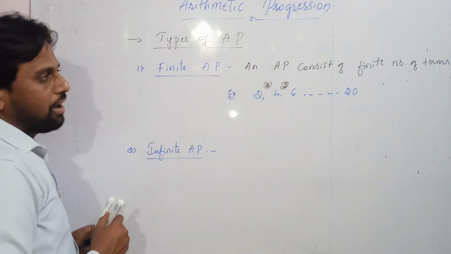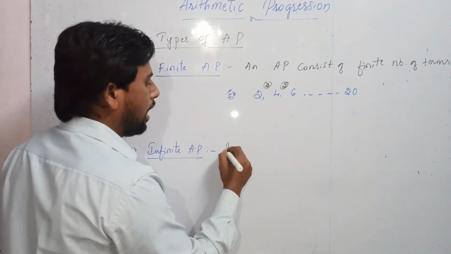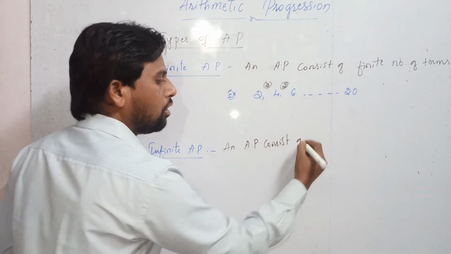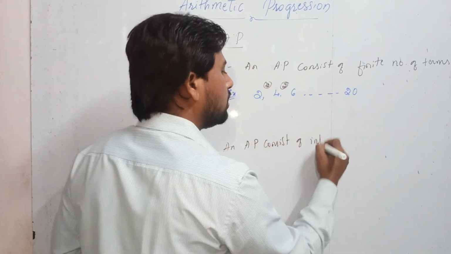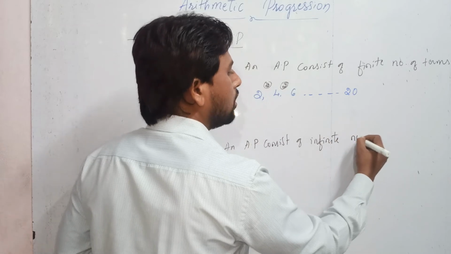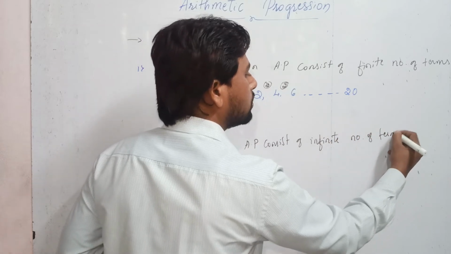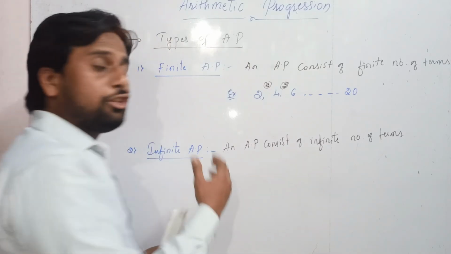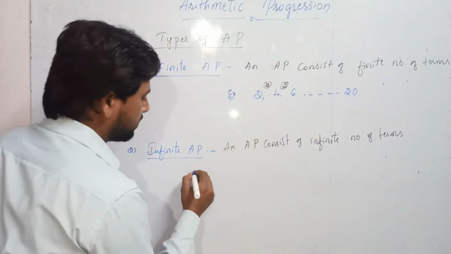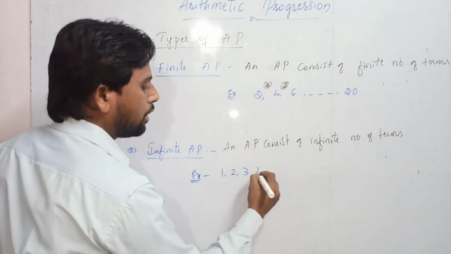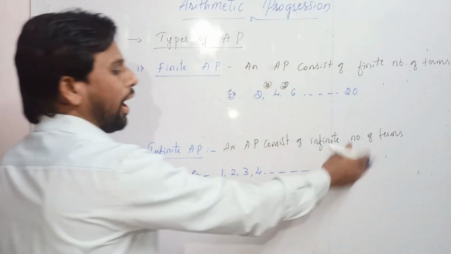In the same way, in the infinite AP, students, an AP consists of an infinite number of terms. Infinite means there is no end. For example, 1, 2, 3, 4, and so on, no end number.